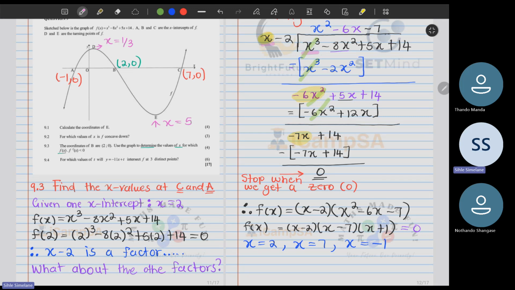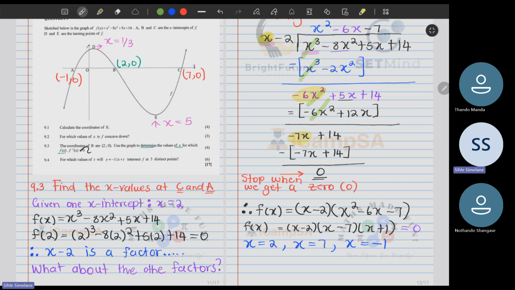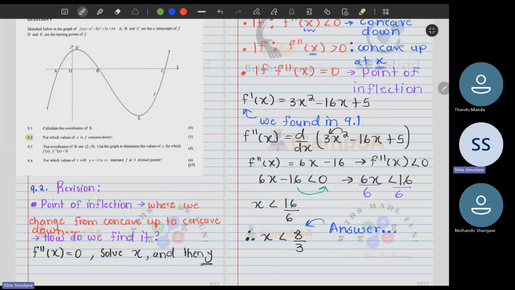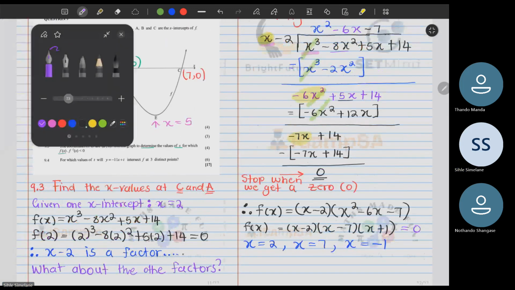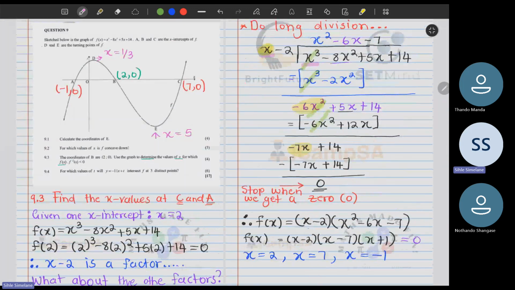And then if we now look at what they are saying here, they're saying the second derivative times f of x must be less than 0. Remember, guys, our second derivative, we found it previously to be 6x minus 16, okay? And the x-intercept, we found it to be 8 over 3, 8 divided by 3. So if we quickly sketch that graph, what you will see is it will be crossing at negative 16.